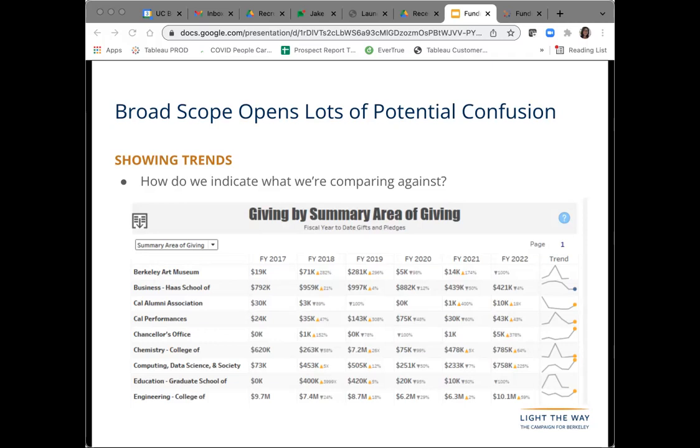However, it becomes really confusing when, for example, you look at the Cal Alumni Association line. You can imagine the slope of that line is probably going down. But this year we're up over last year. We're up almost 20% over last year. So as soon as you see those, you think, oh, we're up.